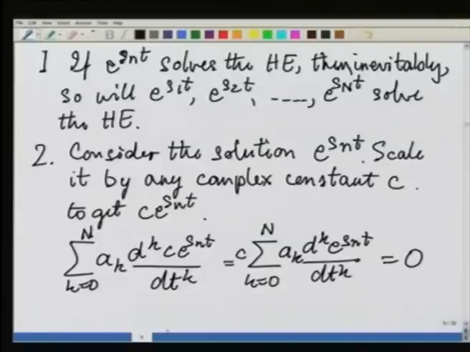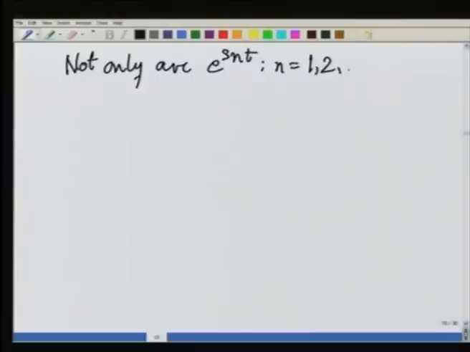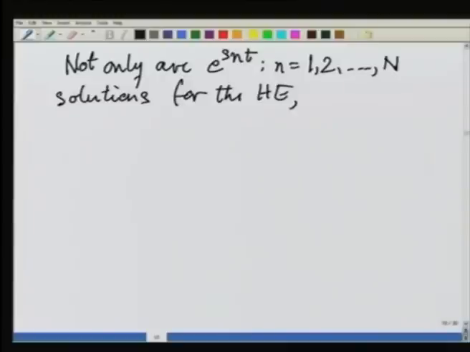What does that mean? That means that not only are e to the power S_n t, n equals 1, 2 up to N, solutions for the homogeneous equation, so are, or rather also, C times e to the power S_n t solutions.